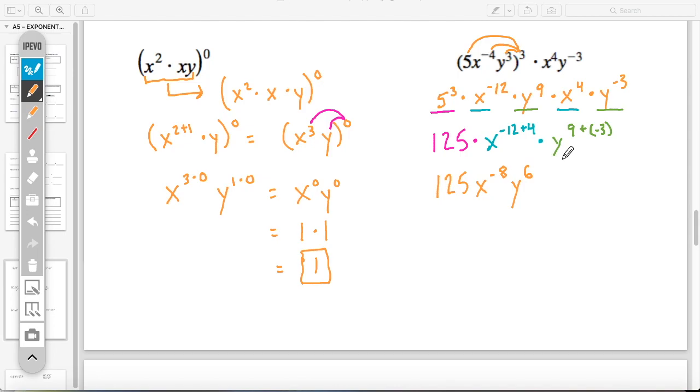So, are we done? No, we're not. We have a negative exponent, and we want all positive exponents. So what am I going to do with that negative exponent? I'm going to cross the line and switch the sign. First, I'm going to write everything that stays above our line. So I have 125, because that has positive exponents, and I have y to the 6th.